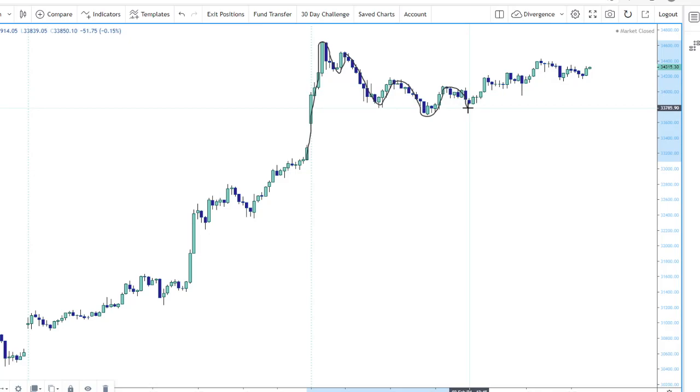The reason I thought this could be a good time to take a long position is that if you assess each of these legs, this was a very strong bull move, so there is no ambiguity about that. Now if you look at the bear leg here, that's where the downside movement started today.